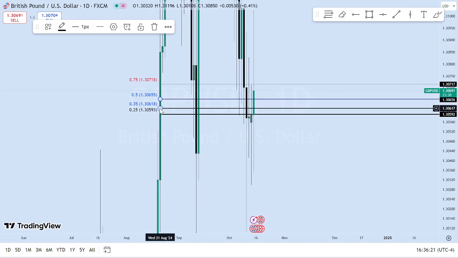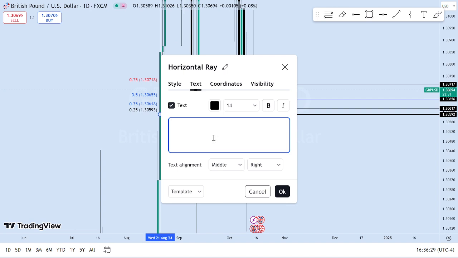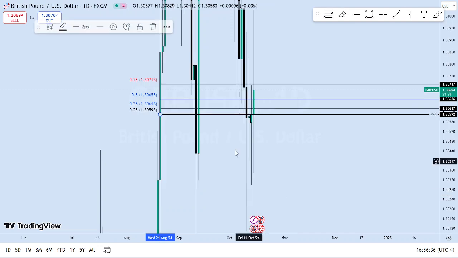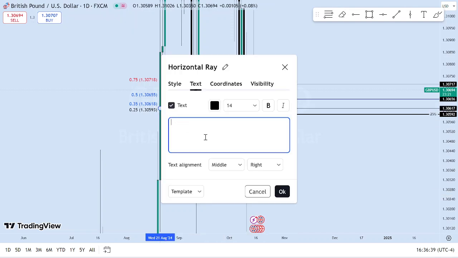You can change the size here. That's the 25 level, the 5% level. At 50% is consequent encroachment. That is at the 75% level.